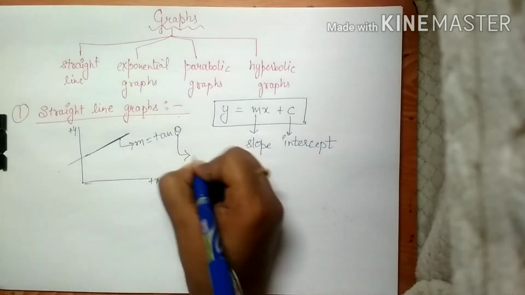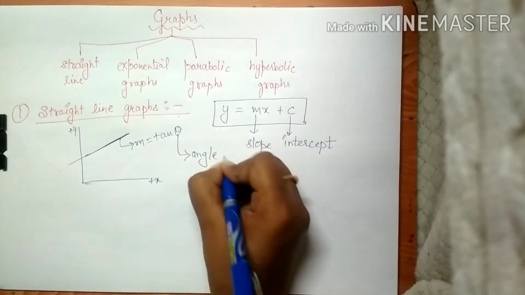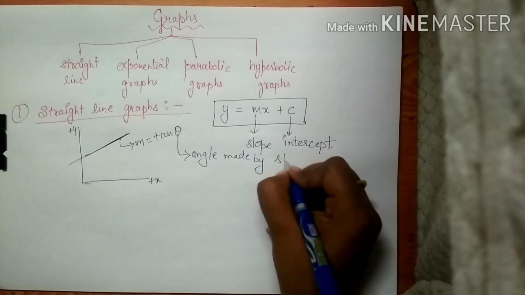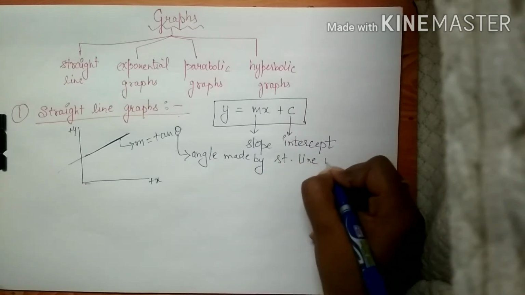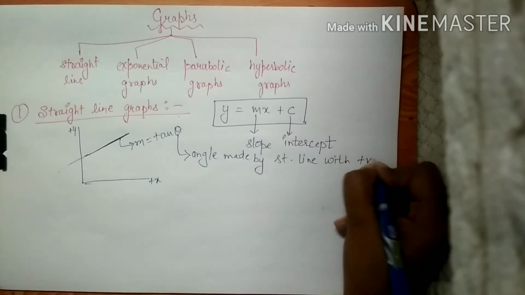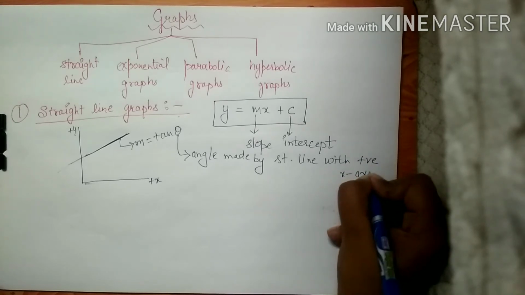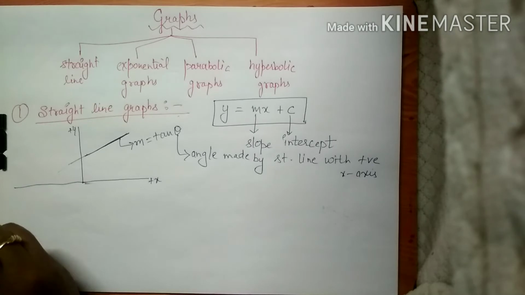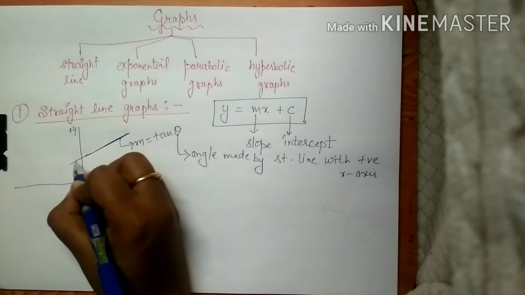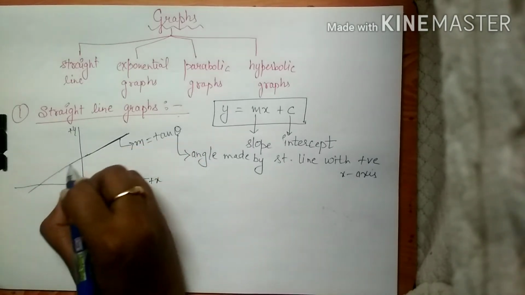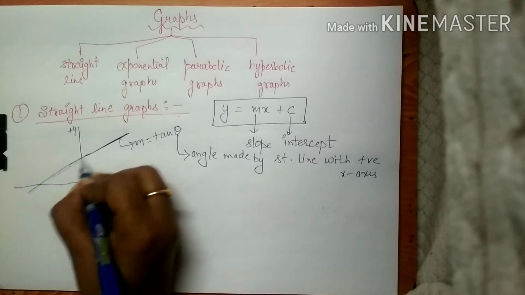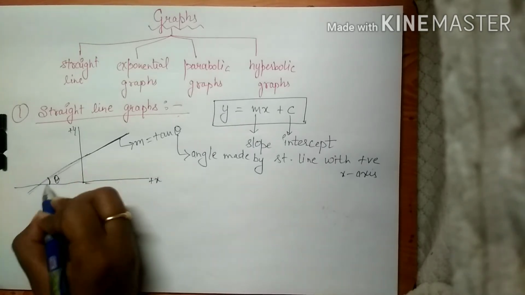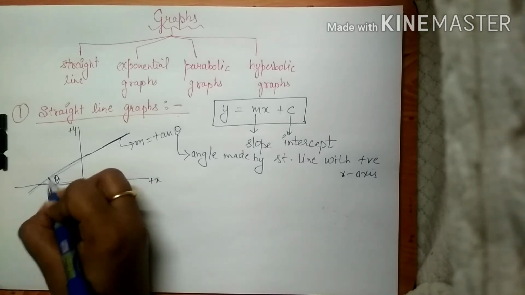You can write it down. Theta is the angle made by straight line with positive x-axis. So if you extend this line like this and if you extrapolate this line like this, you will see that it is making an angle of theta with this positive direction of x-axis.